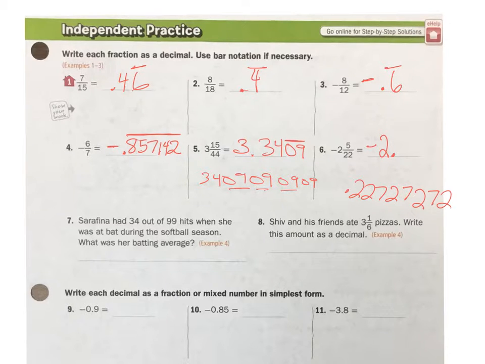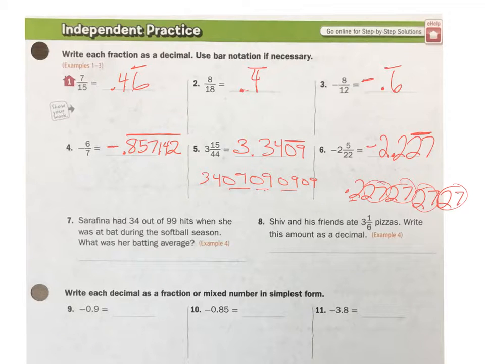So it looks like this first 2 doesn't repeat, but this 27, 27, 27, and it's going to keep going. So it's 2, 2, 7 with just the 27 repeating. Okay? Look for the patterns of repeating numbers.